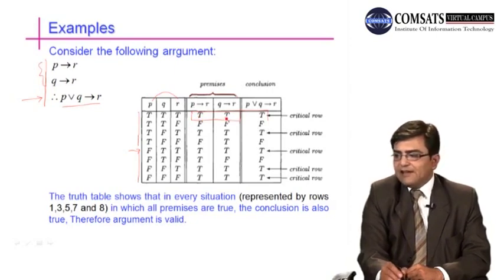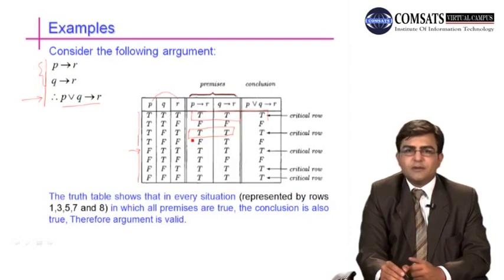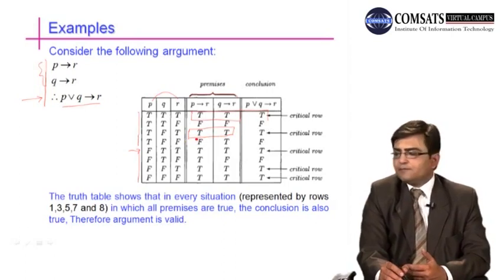So in the first line here, both premises have truth value true, as we can see here, T, which means true. And in this row also, both premises are true. Here we have 2 premises; if we have more than 2 premises, then the critical rows will require all the premises to be true.